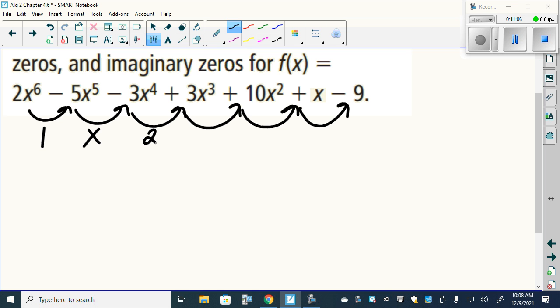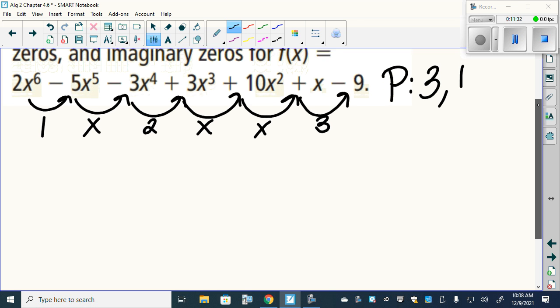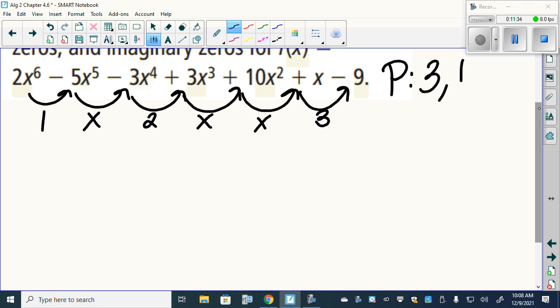X cubed to x squared, no, positive to positive. X squared to x, no. X to negative 9, yes, 3. So the number of positive solutions is 3 or 1. Because again, we take the number of sign changes and then just start subtracting 2 from it to get the rest. Any questions on this here?